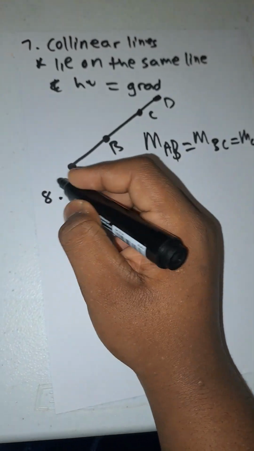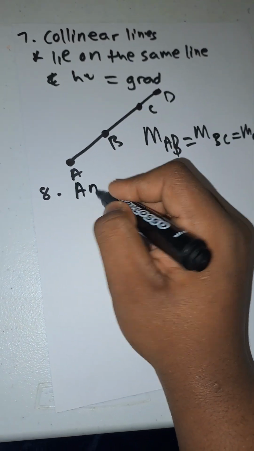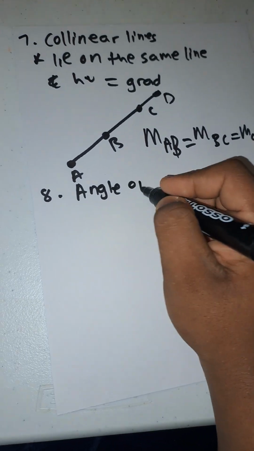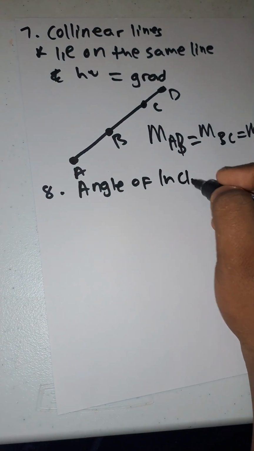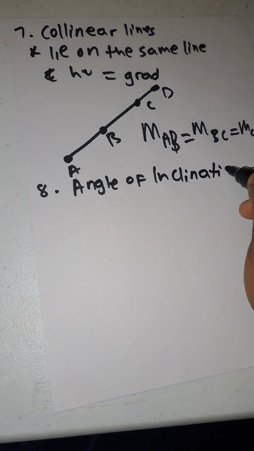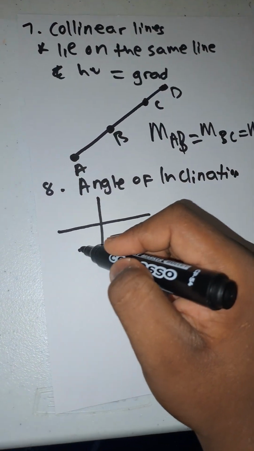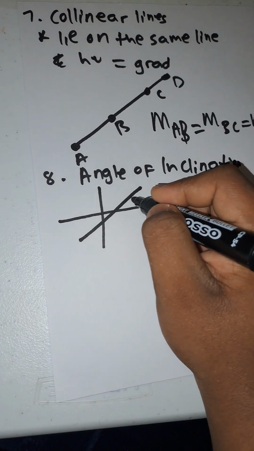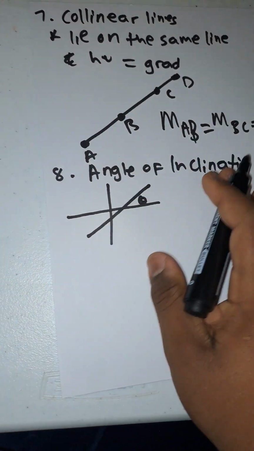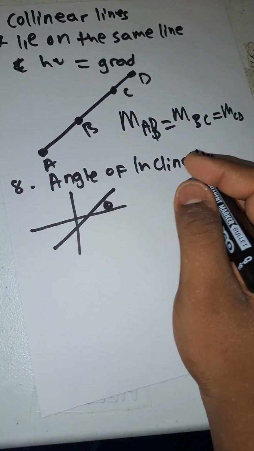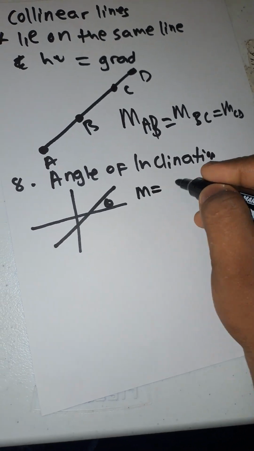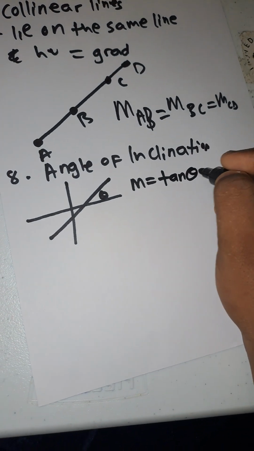So now let's go to 8, angle of inclination. The angle of inclination is always measured from the positive x-axis. It lies here. So it is represented by m is equal to tan theta.